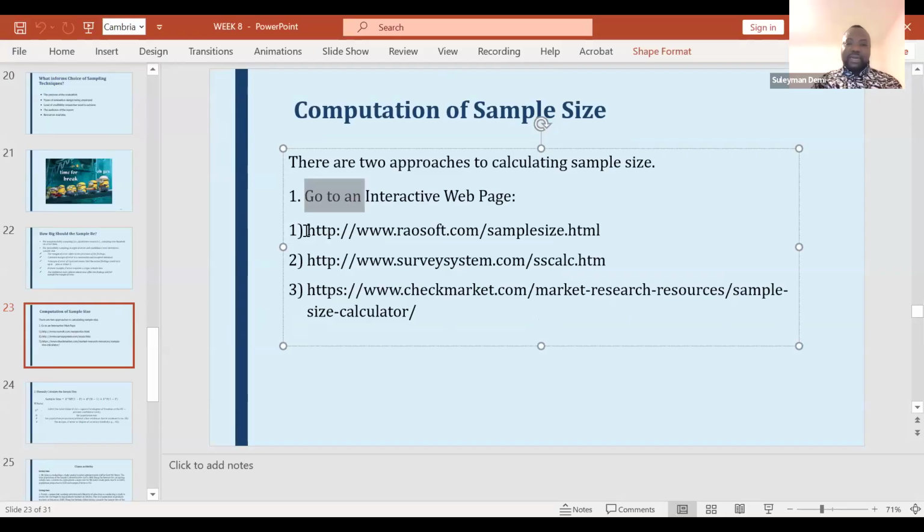Let me demonstrate what we mean by the margin of error and then the confidence interval. One minute. Any questions so far?